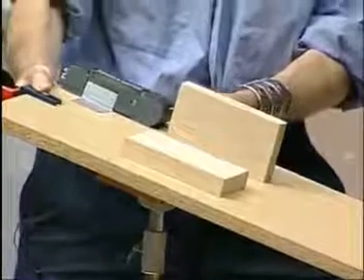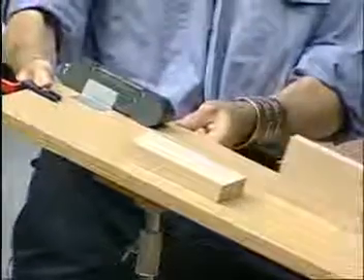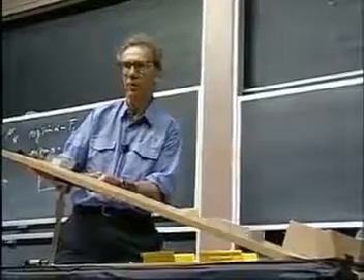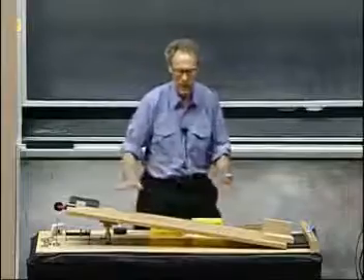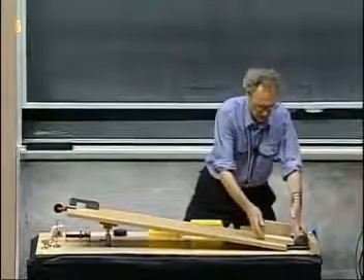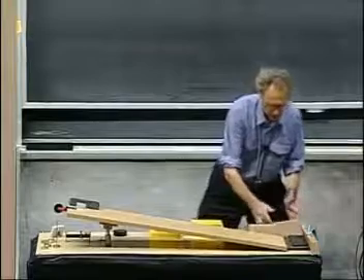14 degrees, 16, 18, one goes and the other one follows within 0.2 of a degree. And the reason why there's always some difference, of course, is that the plank is not exactly uniform. I have to be careful that I don't touch the critical surfaces.